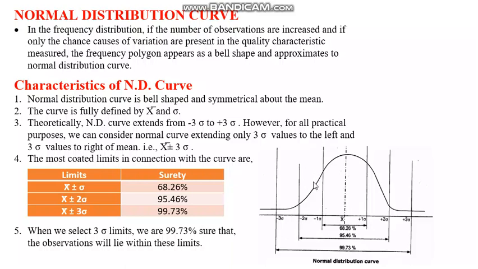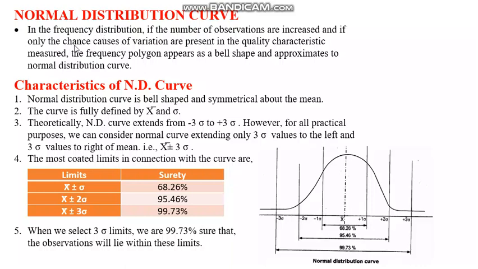When the frequency distribution that we talked about yesterday has an increased number of observations, and only chance causes of variation are present, you see, here we are talking about chance causes.